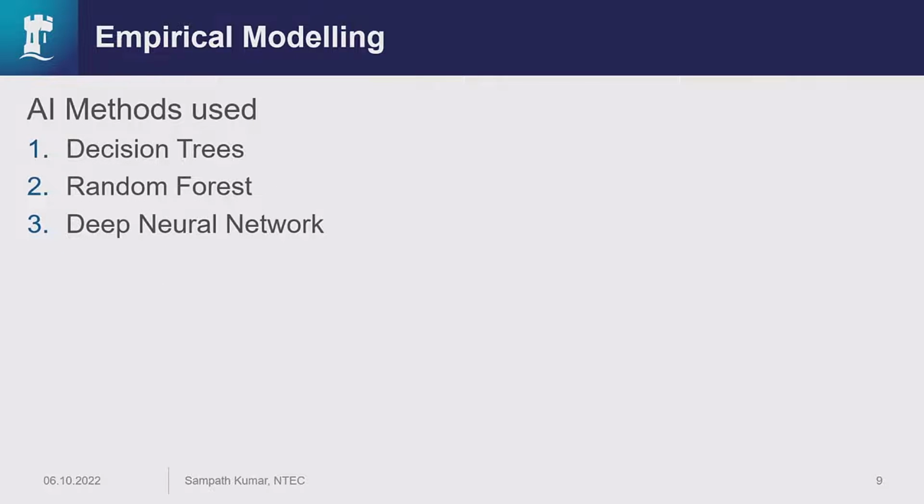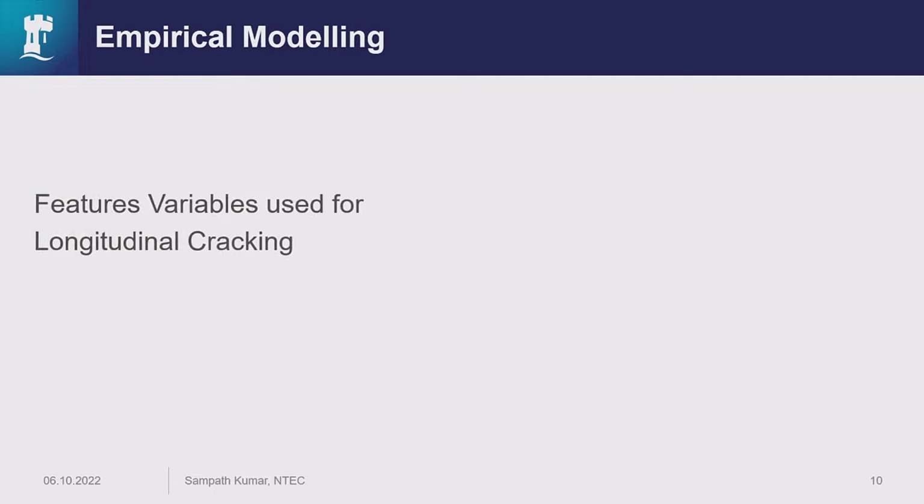The machine learning methods we have used for this are 3 methods: decision trees, random forest, and deep neural network. I'm showing you, for longitudinal cracking, the different variables we have used. When I say model, we have some independent variables and some dependent variables.